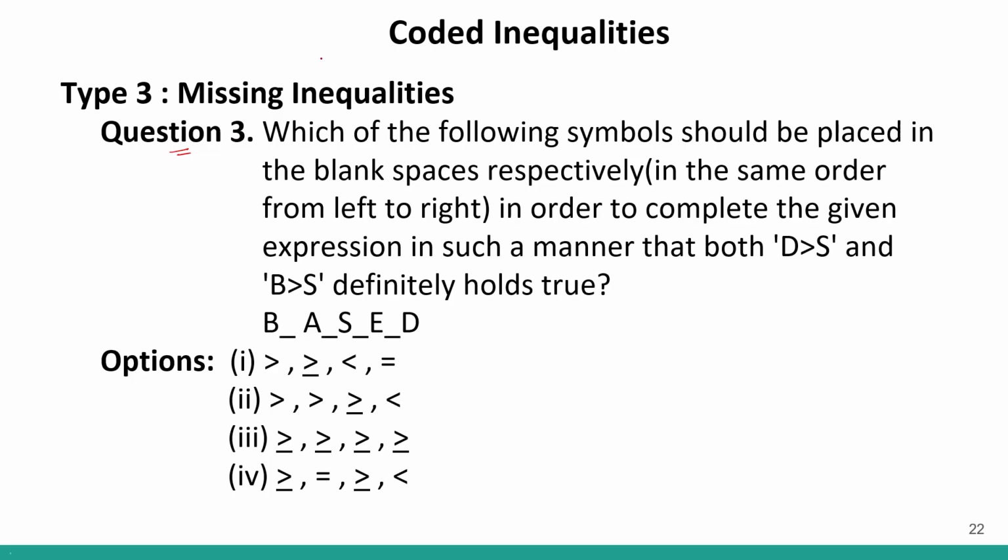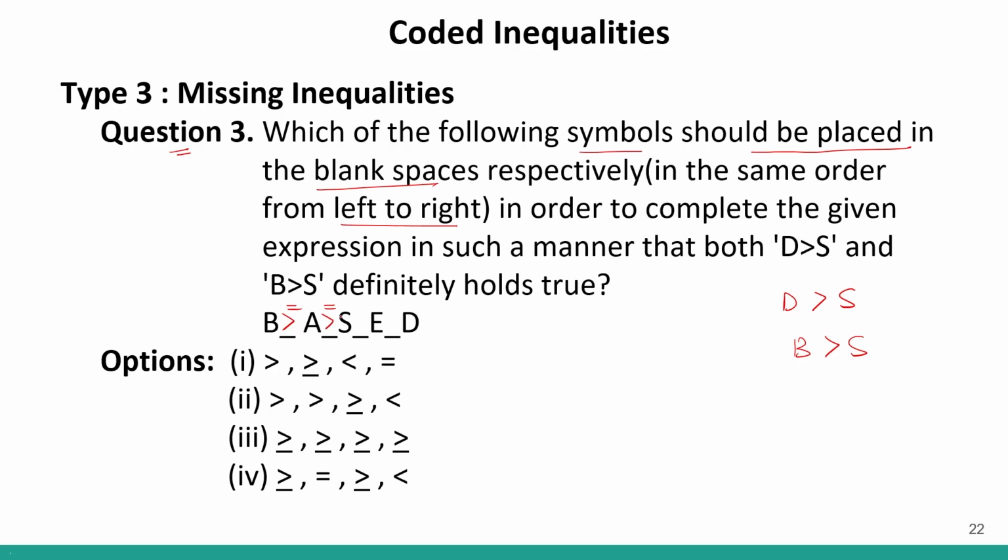In question number 3, it says which of the following symbols should be placed in blank spaces. So certain blank spaces are given to us respectively in the same order, from left to right, in order to complete the expression, that means D is greater than S and B is greater than S. So we have to fill in such symbols that make D greater than S and B greater than S. So if I have to make B greater than S, over here we should have this symbol or this symbol, correct?